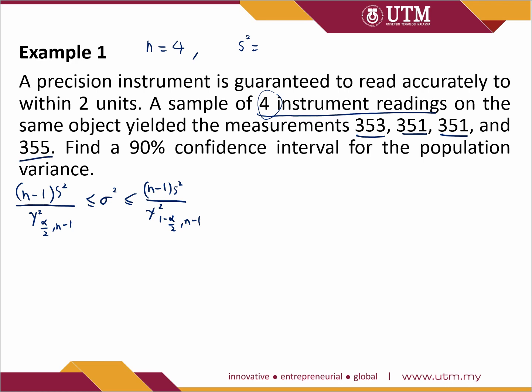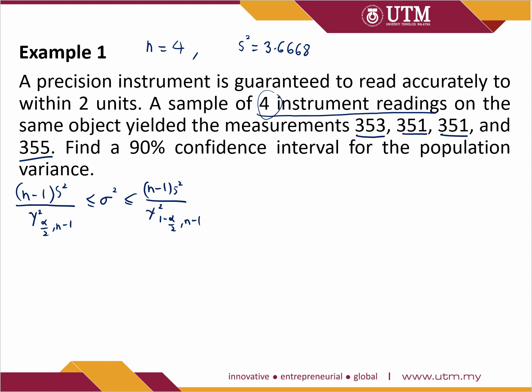So from these four measurements we can get the variance. You can use your calculator to obtain the variance. If you use the calculator, you have to use the sample variance, which refers to n minus 1. So from the calculator, the sample variance will be 3.6668.